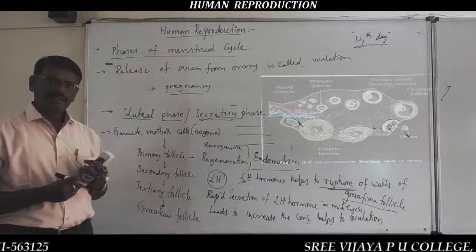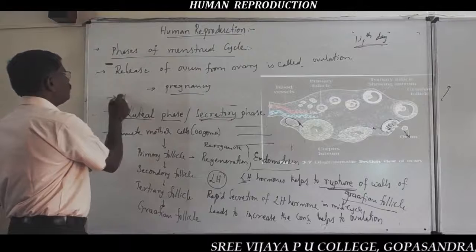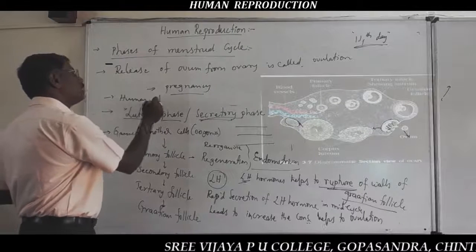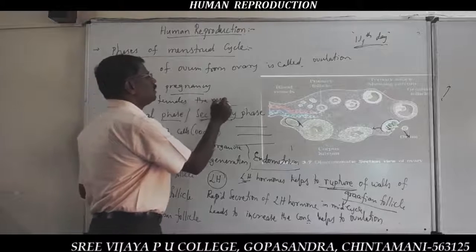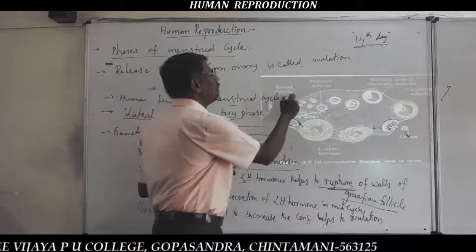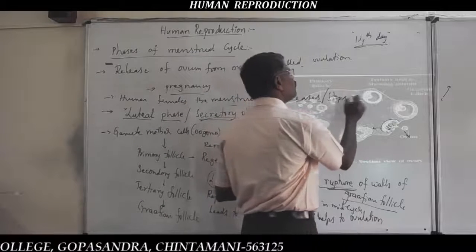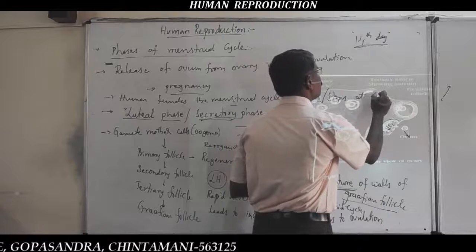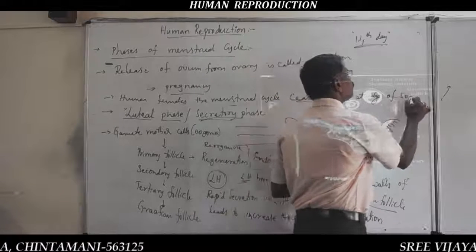Normally in human females, the menstrual cycle ceases at the age of 50 years.